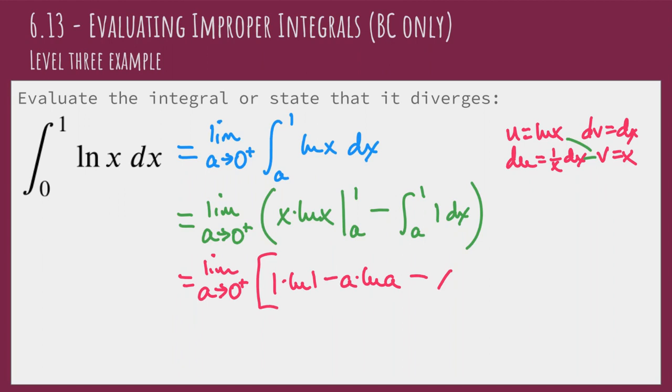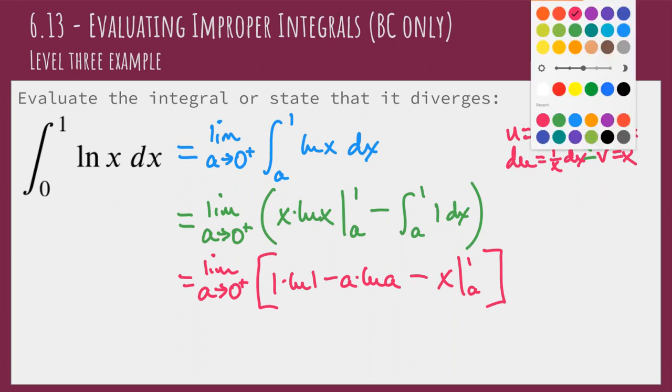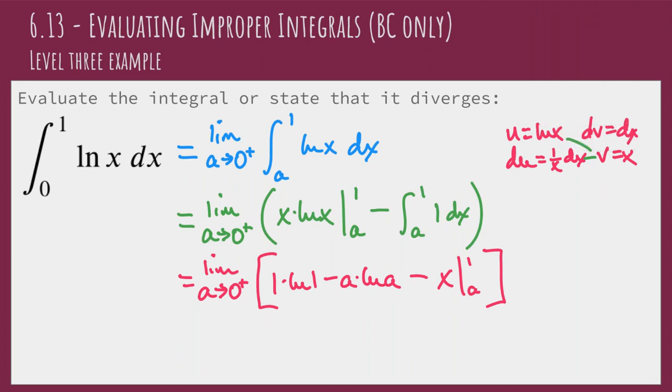So we're going to have minus x evaluated from a to 1. This is a pretty good example of why parentheses are important. I actually don't want parentheses here, but normally if we have an expression like this, we think that the evaluation bar applies to the whole thing. So by not putting the parentheses, that evaluation bar only applies to the x.